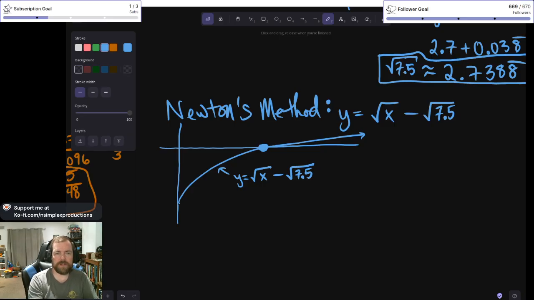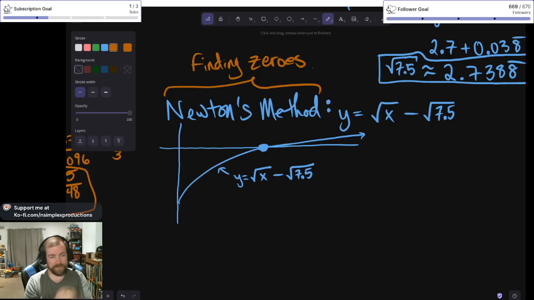Okay, so Newton's method, not really what we want. This is for finding zeros. So we have artificially created this particular function such that this point right here is going to be 7.5, comma 0.